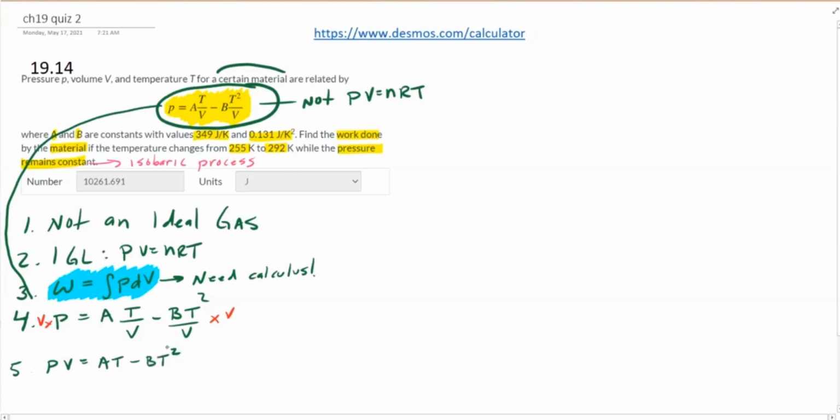And my whole motivation to do that was to get to this form. I need to get to the integral of PdV. That's what I need to get. So I don't have the integral of PdV. I don't even have PdV. I just have PV. So I'm going to do this.